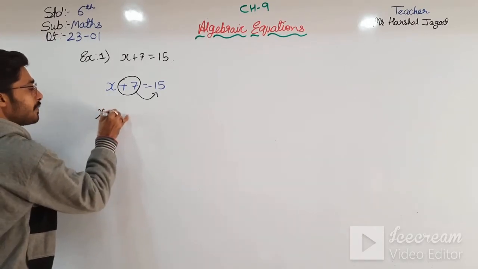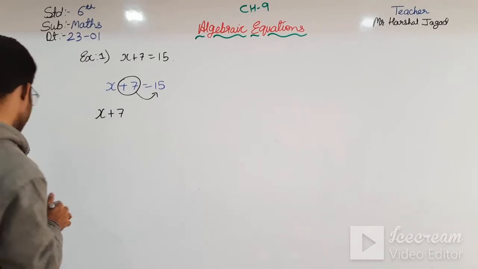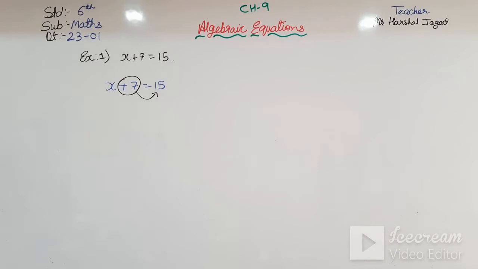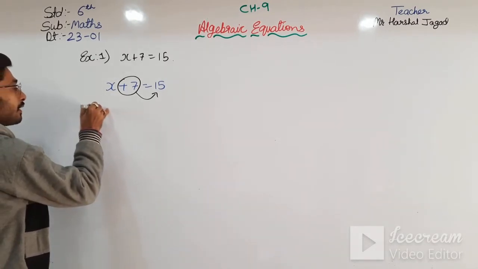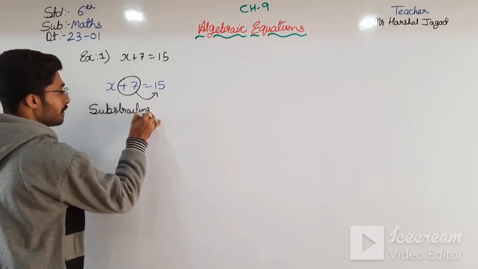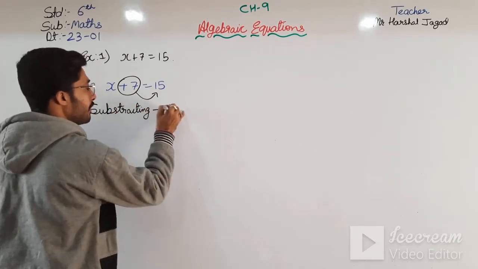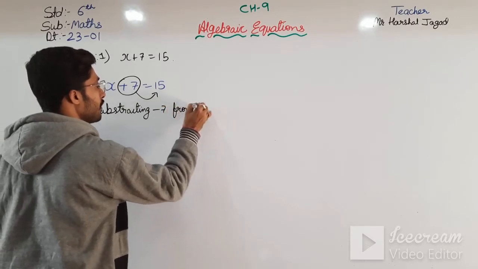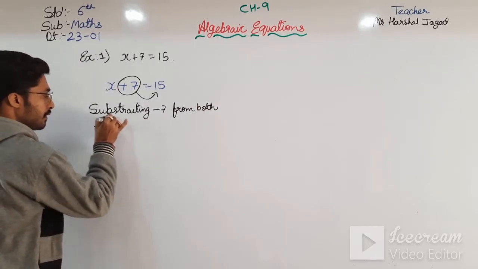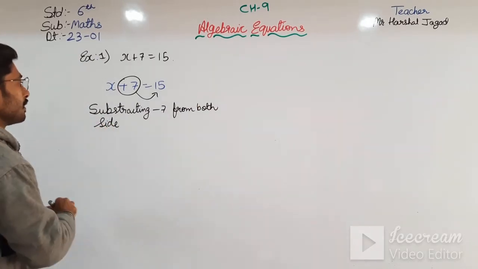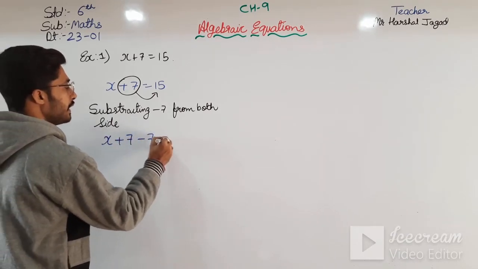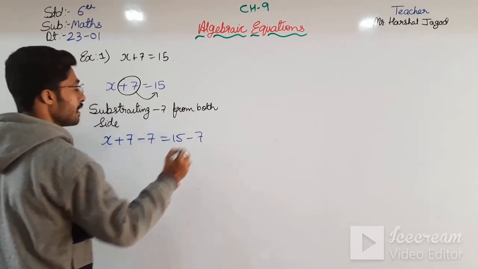What you will do, x plus 7, sorry, I forgot to write the sentence. Subtracting 7 from both sides. So here x plus 7 minus 7 is equal to 15 minus 7.